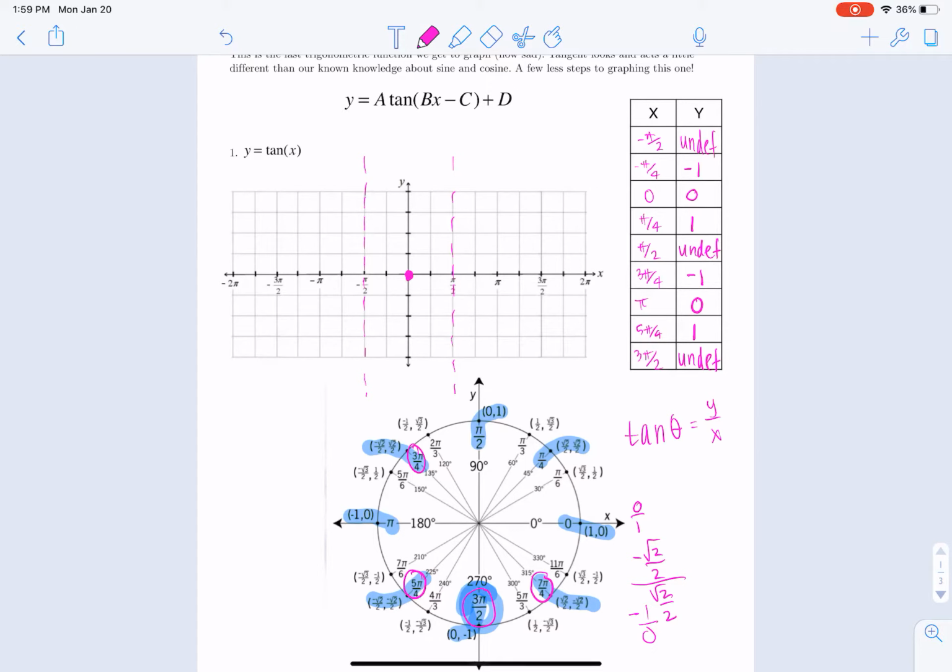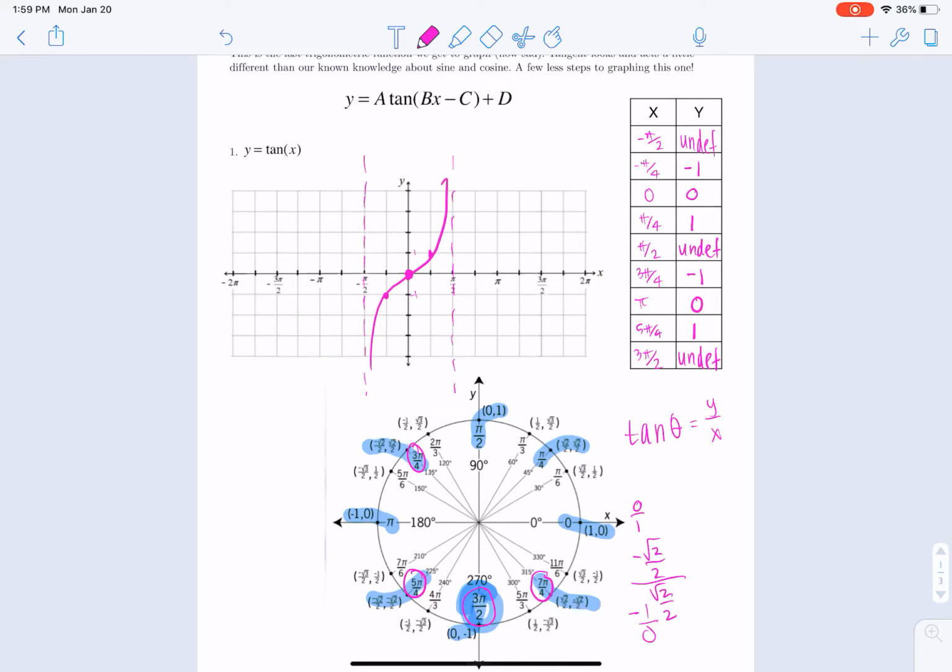And if I look exactly halfway in between, between where I'm at 0 and where my next asymptote is, I'm going to be up here. Let's say this is 1 and negative 1. I'm going to be up here at 1, and at my other in-between, negative pi over 4, I'll be at negative 1. Sketching in what this graph looks like, it's just going to swoop and follow where those asymptotes are.